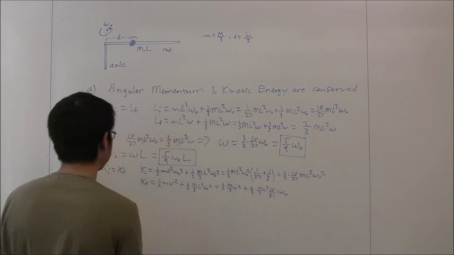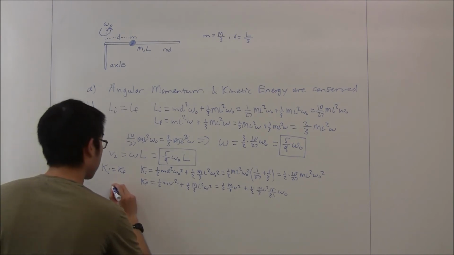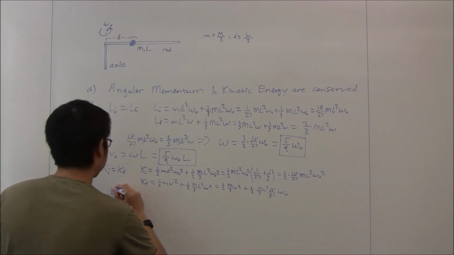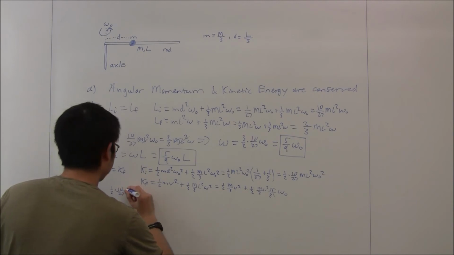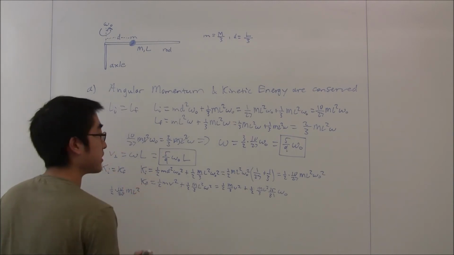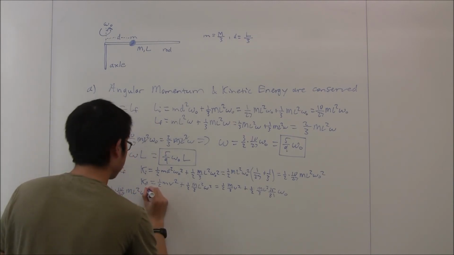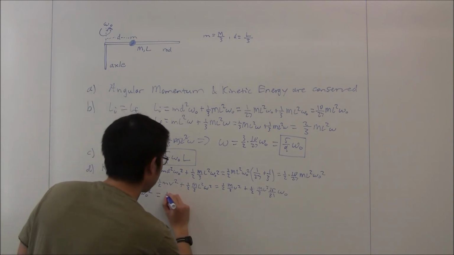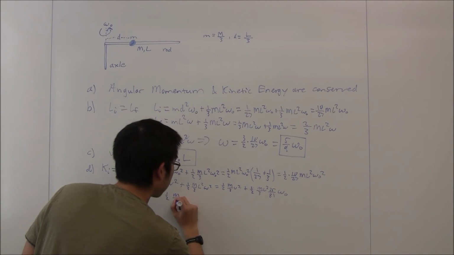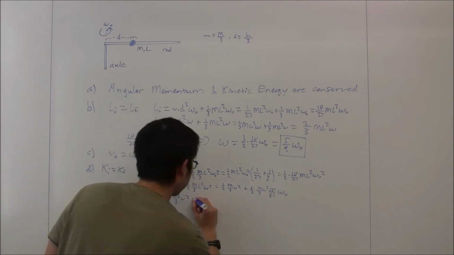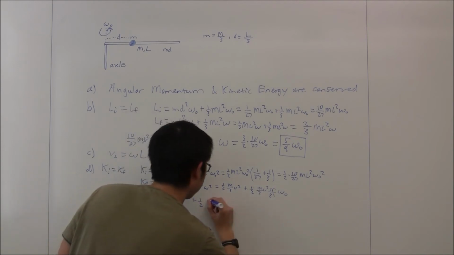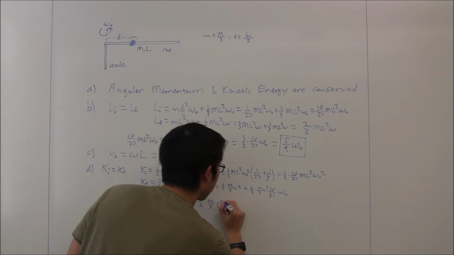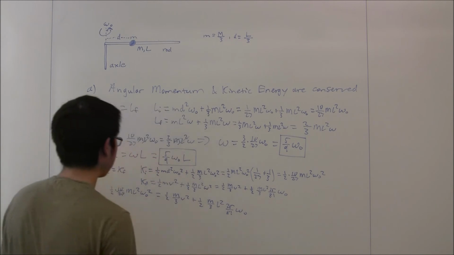So now we can equate these two equations and get that 1/2 times 10 over 27 big M, big L squared, omega naught squared is going to be equal to 1/2 big M over 3 v squared plus 1/2 big M over 3 L squared times 25 over 81 omega naught squared.